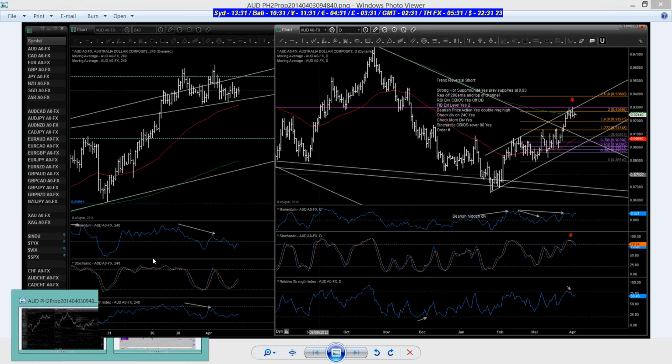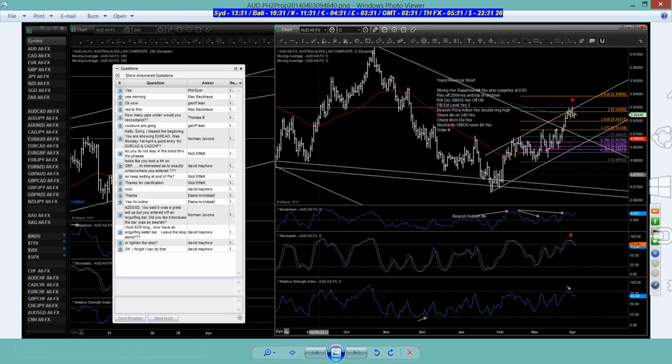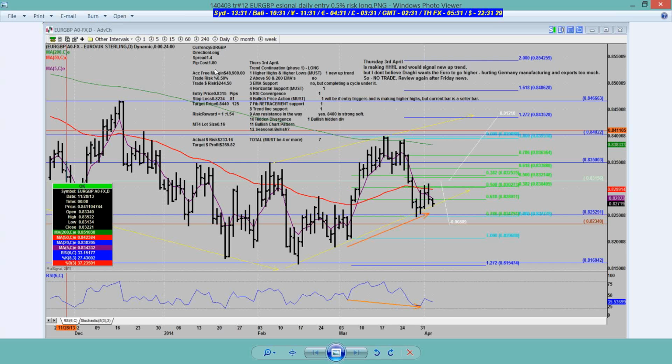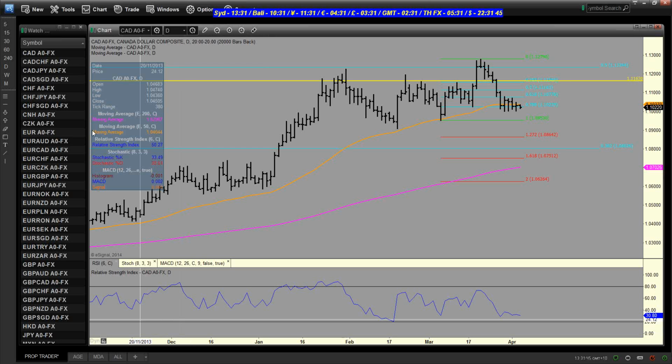Alright, the last one is Euro Pound. Direction of the trend continuation, long, 80 pips. Yeah, Euro Pound.